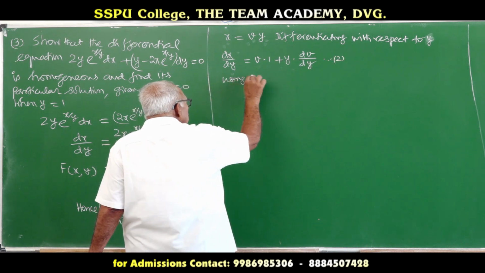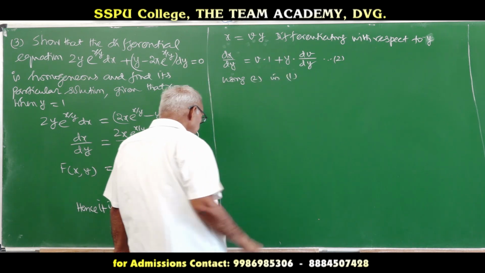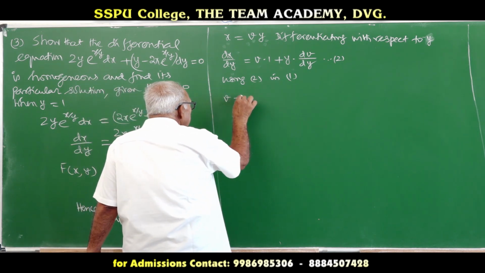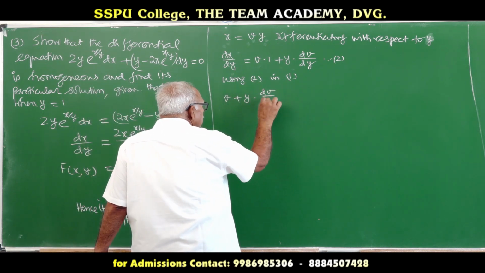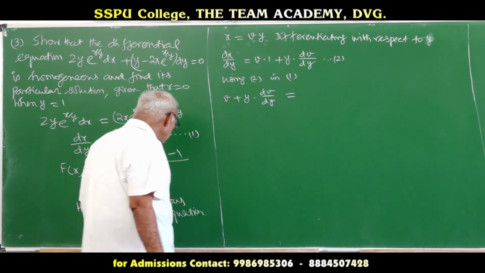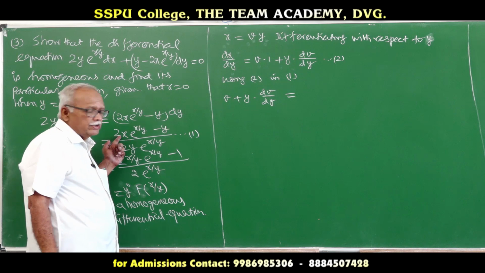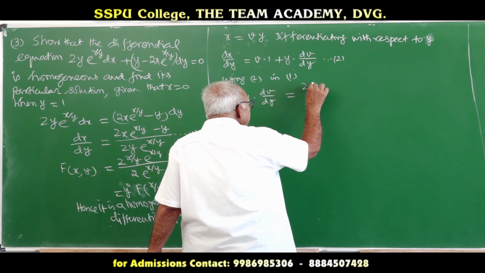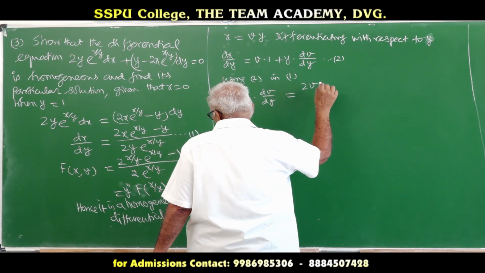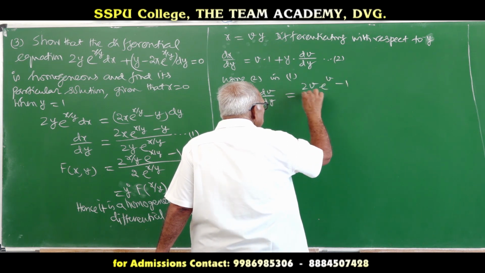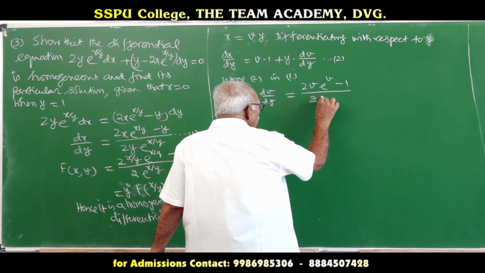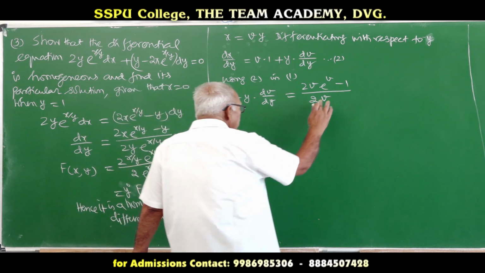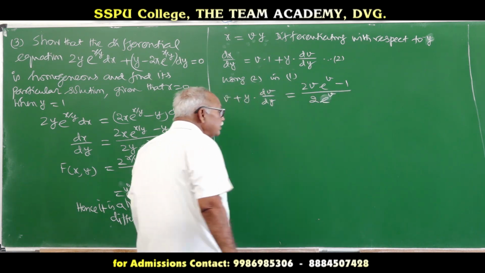Using 2 in 1, equation 2 substituted in 1, we get v plus y into dv by dy is equal to, here for x by y we have to put v, x by y is v, 2 into v e power v minus 1 divided by 2 into e power v.